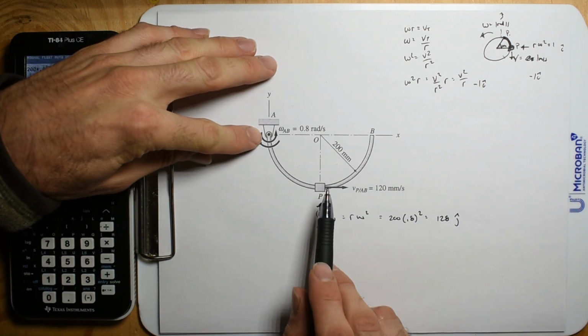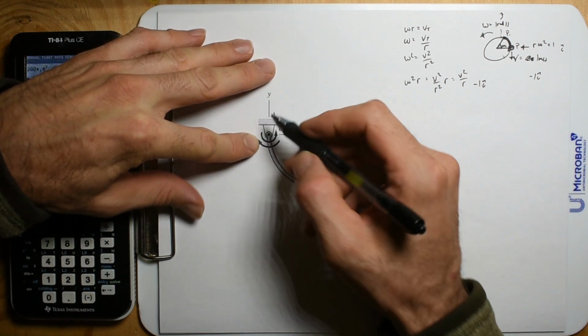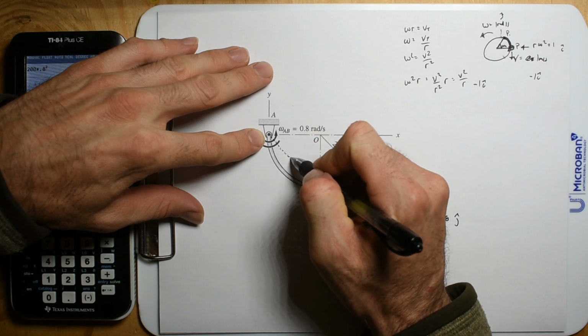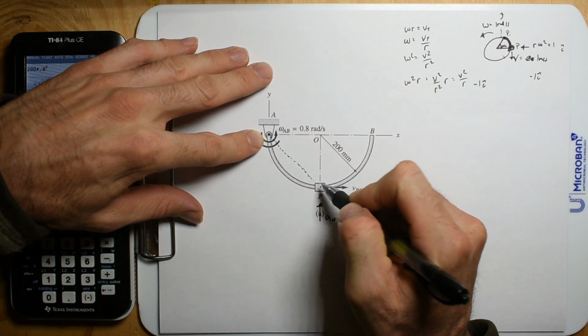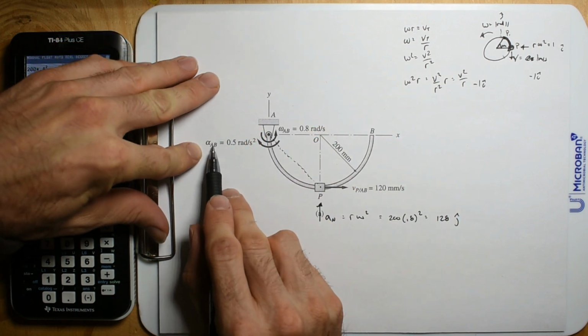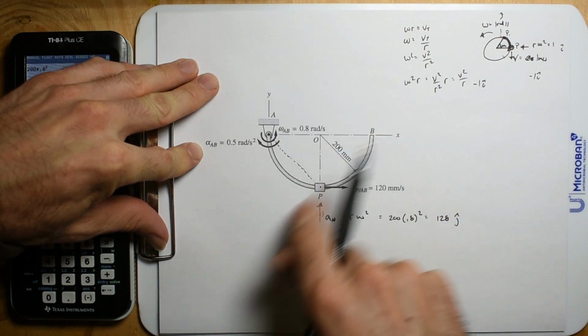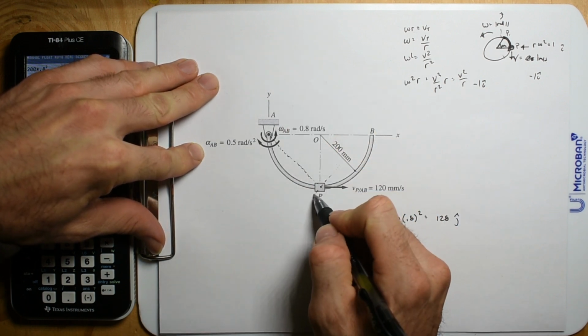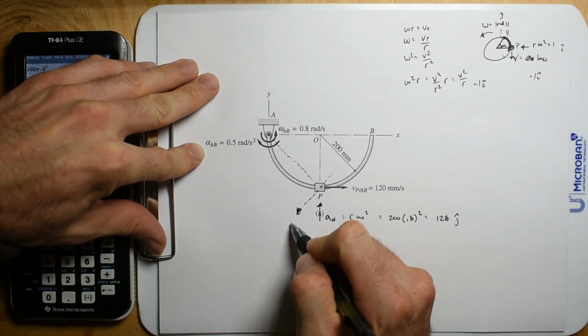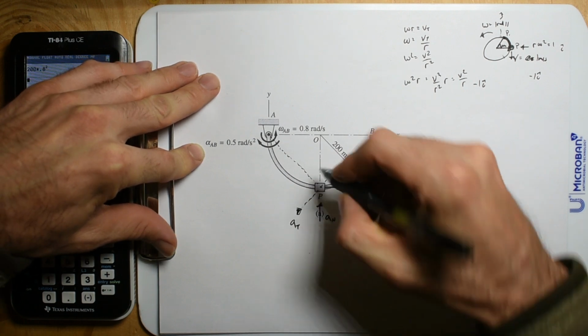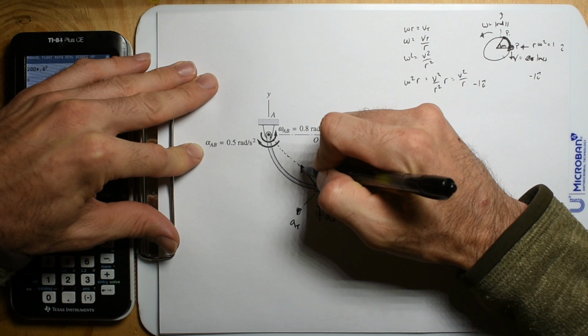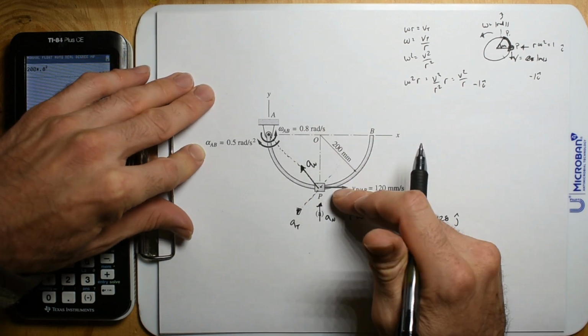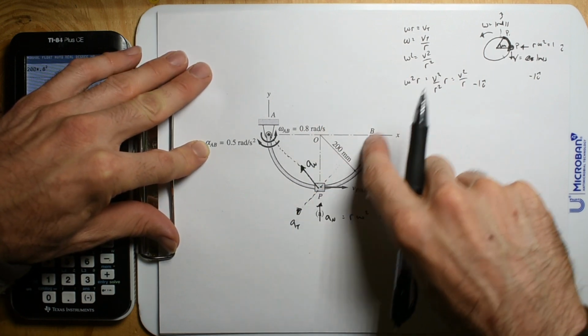And then, what else? Now, this is also rotating. Oh, no, this is slowing down, so we have an angular acceleration. Yeah, so we have a, and it's going this way. So we have a tangential acceleration. We also have a normal acceleration. That's the only other part that I totally forgot, because this thing is spinning.